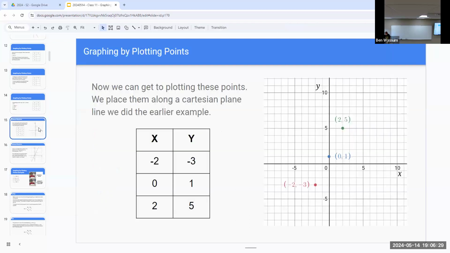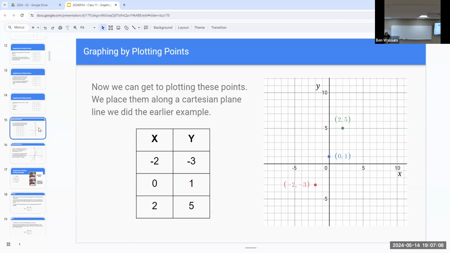You take those 3 points, and in the exact same way we did that earlier point, we plot them on a graph. -2, -3: that's -2 on the left, -3 down, draw your point, label it. 0, 1: 0 means you're not going left or right, you're just staying on the axis. 1, go up 1, draw your point, label it. 2, 5: 2 to the right, up 5, draw your point, label it.